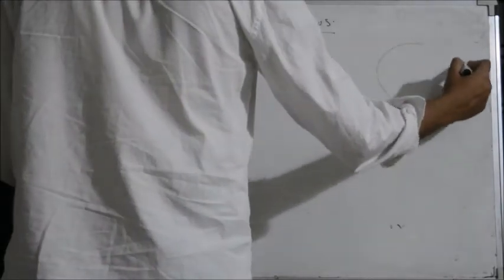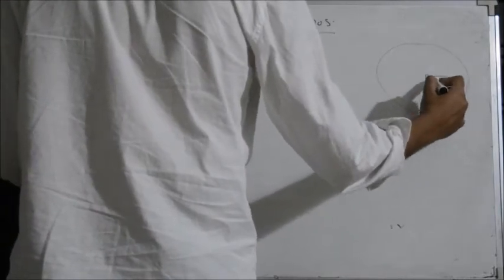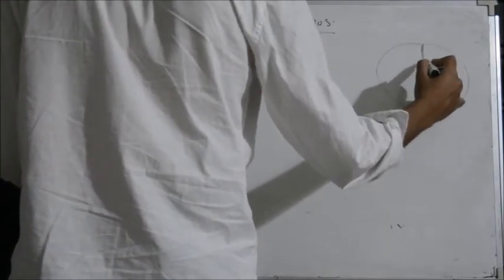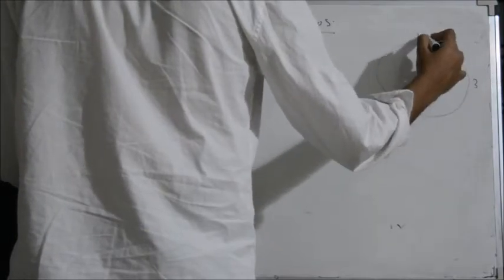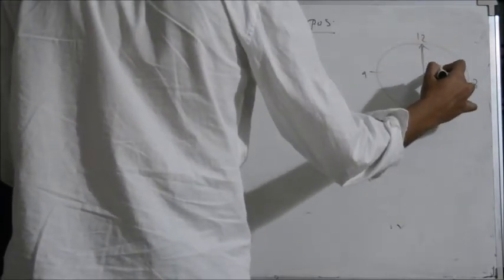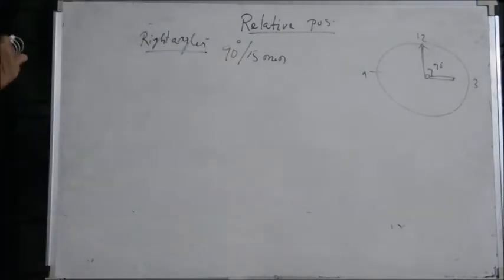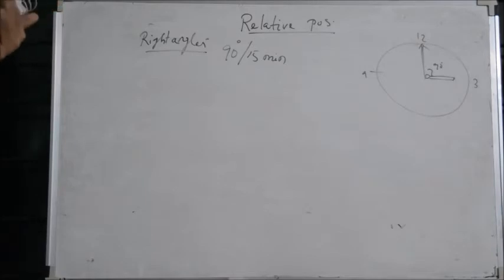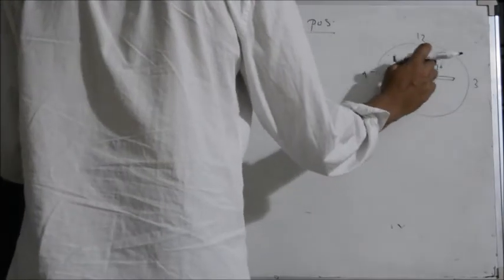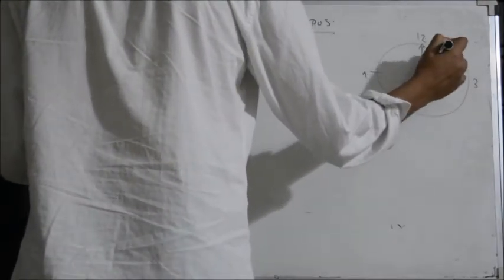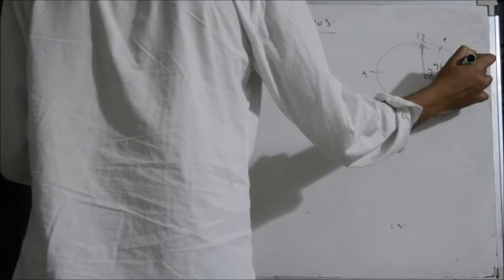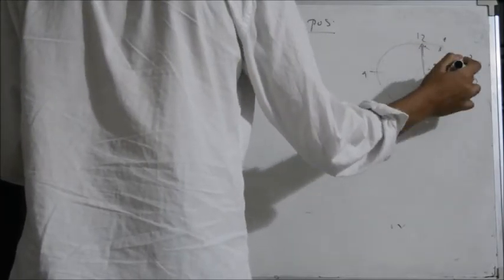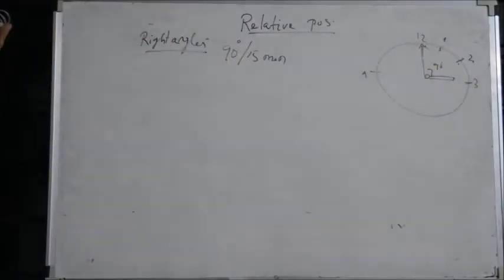Example, if it is 3 o'clock, it is 90 degree, we consider it as 90 degree, then it will be a right angle, and the minute difference is 15. 1, 2, 3. Here 5, 15 minutes or 90 degree, then it is a right angle.